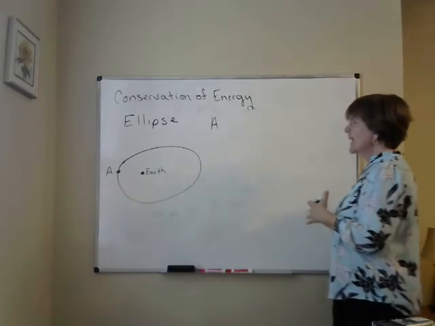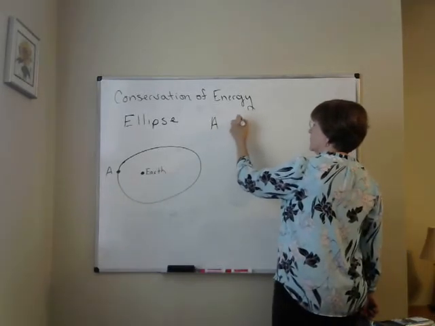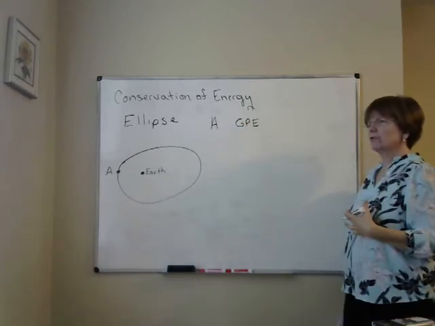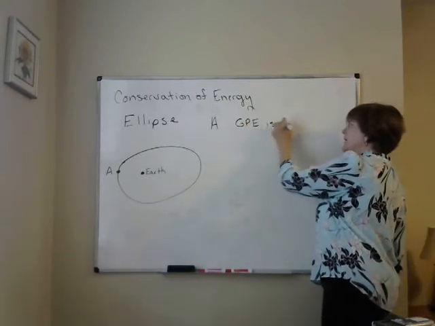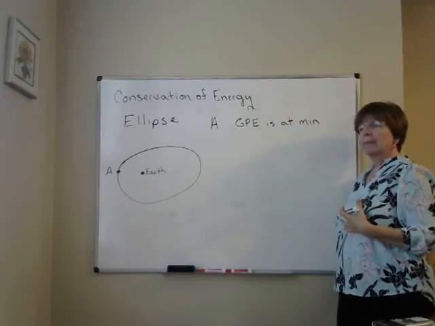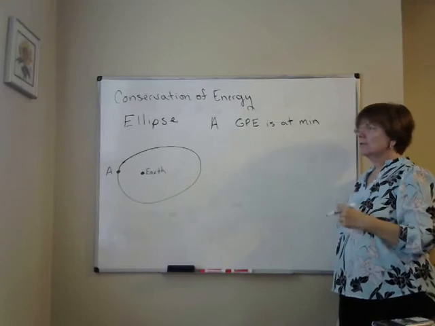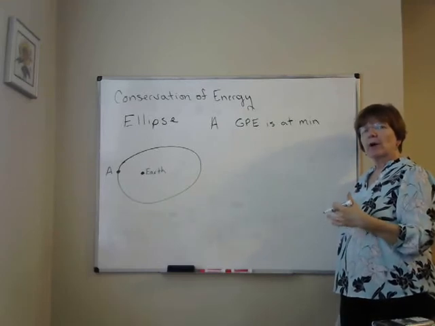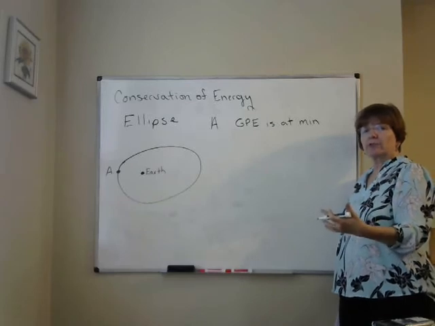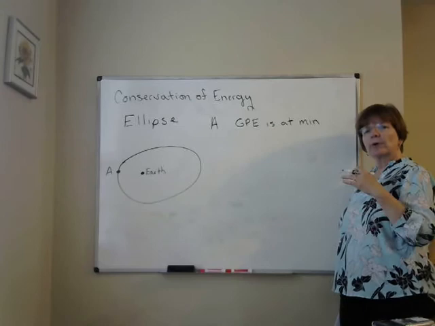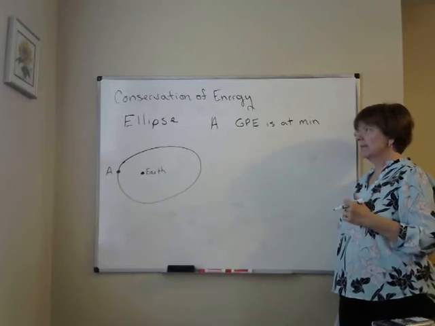At point A, your GPE, that's your gravitational potential energy, is at its minimum. Why is it at its minimum? Because it's the closest to the Earth. We know as we get farther away from the surface of the Earth, the gravitational potential energy will go up. The farther we are from the Earth, the more gravitational potential energy we have.